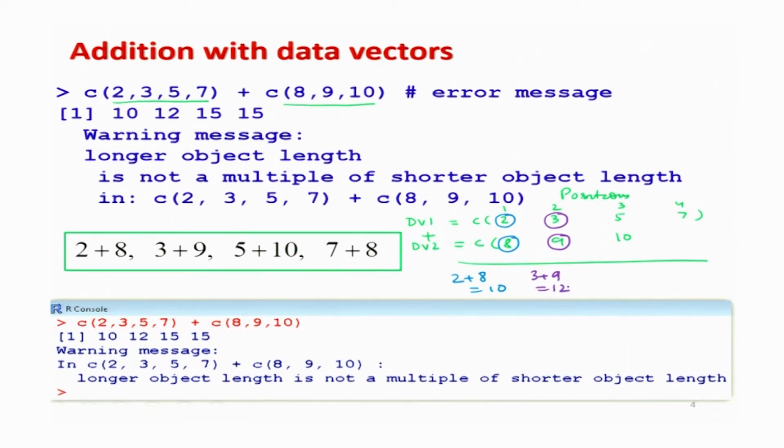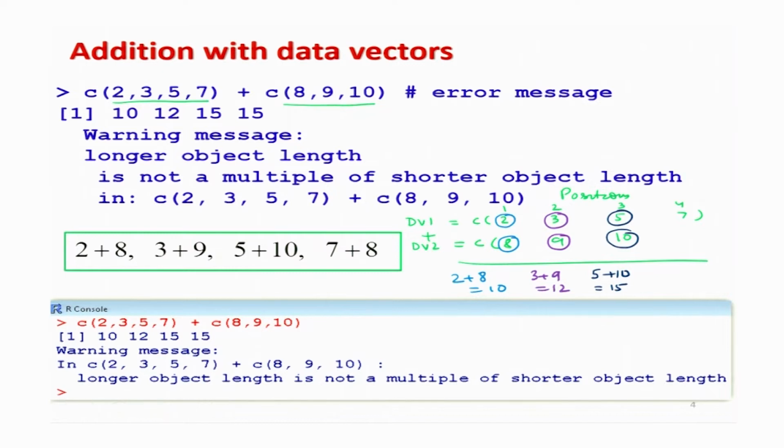Following the same rule, it comes to the third value in each, 5 plus 10, and it becomes 15.